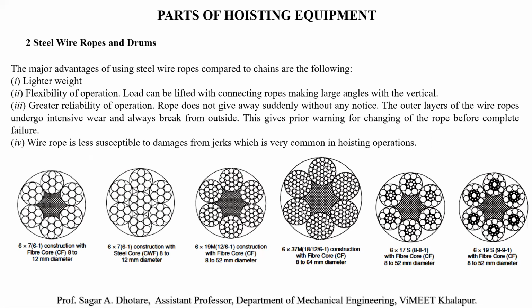The manufacturing process is heat treated or cold drawn, with highly improved mechanical properties. Normally bright wire is also used to manufacture the ropes.